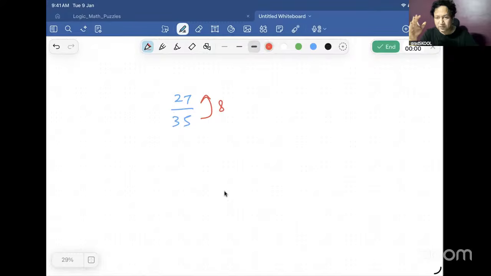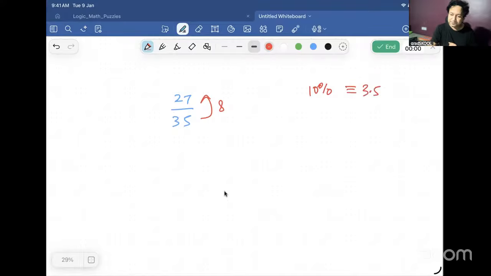So either I can go for 10% and then do all that stuff, or I can just try to find 8. So I want to go 8 less than 35. What is 10% of 35? It's equivalent to 3.5.